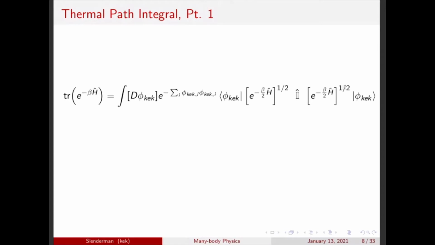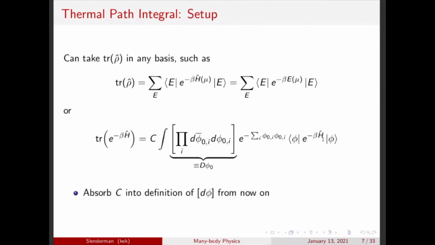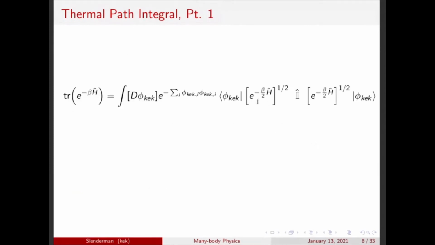Same here. My bad. Other than that, I've separated this term from here, e to the minus beta h. I've separated it into e to the minus beta h over 2 times the identity times e to the minus beta h over 2.